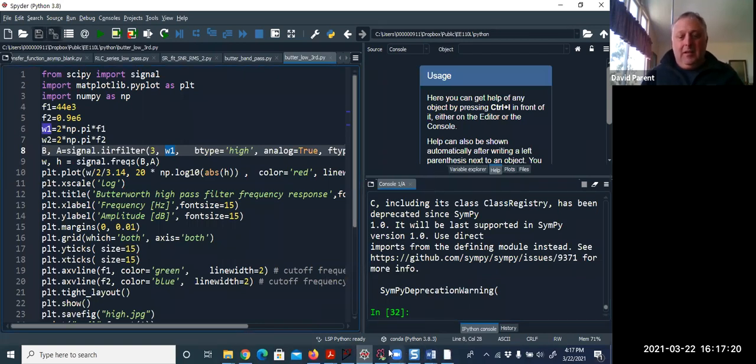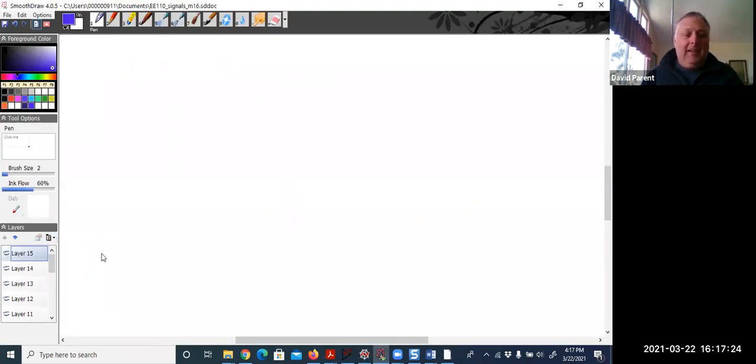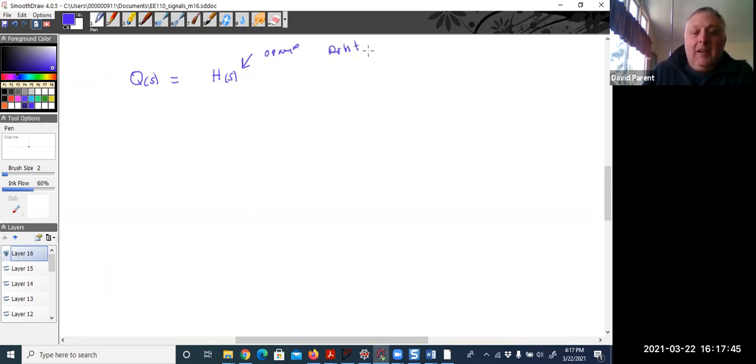But to summarize what we're going to do again and again: we have a new transfer function. We call it Q of S. We're going to have some kind of transfer function going on, and it could be an op amp, a robot, a motor, a heating system.